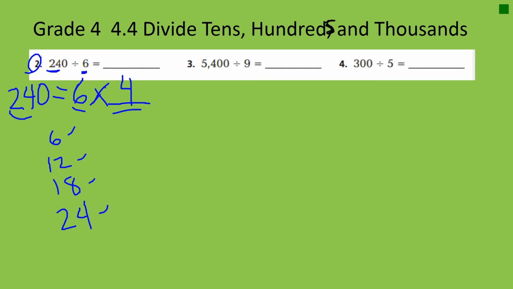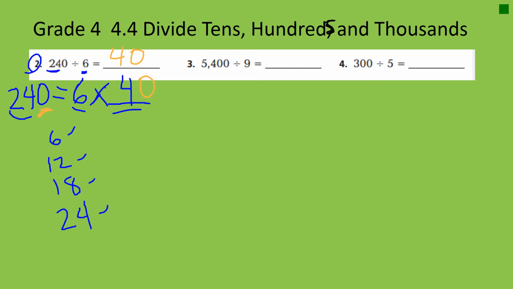But how many sets of 6 are in 240? Well, there's got to be 10 times more, right? So 240 divided by 6 is 40. So we thought about division like multiplication.